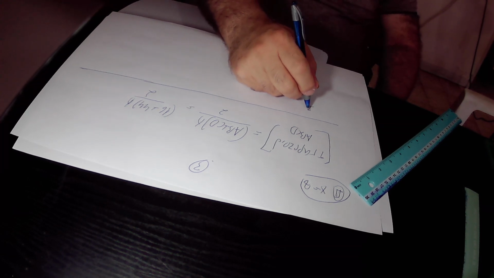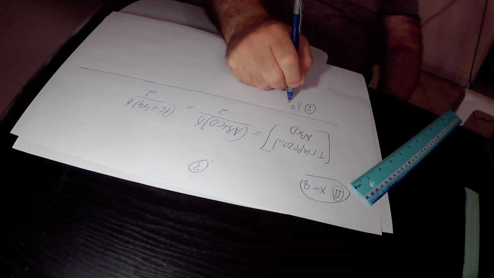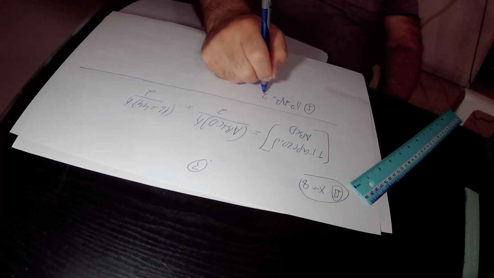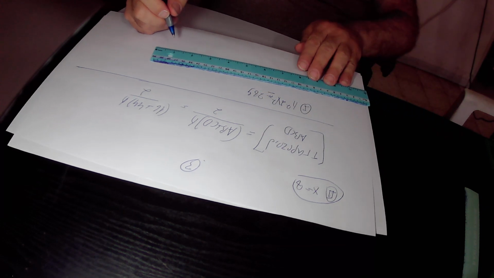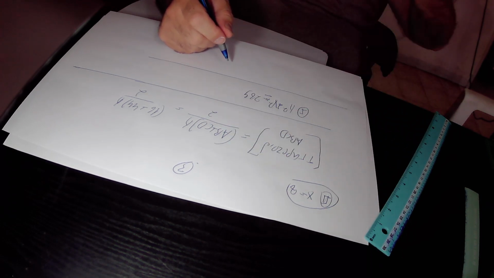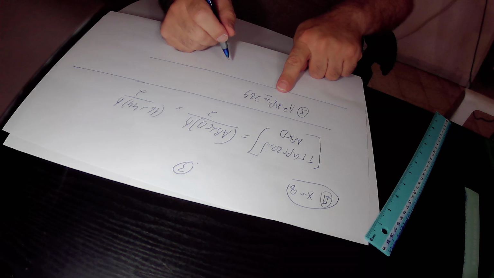According to equation 1, h squared plus x squared equals 289. We found out that x equals 8. If x equals 8, it means that x squared equals 8 squared, that is 64. So we can substitute x squared in equation 1 by 64.